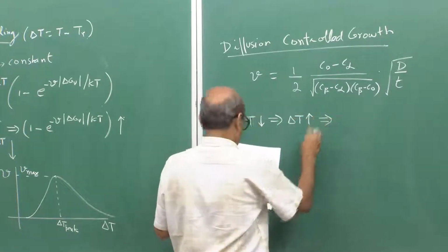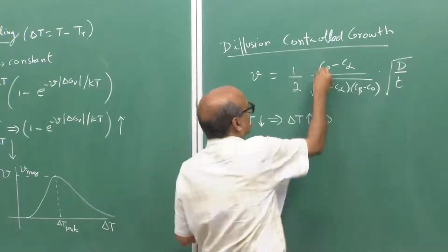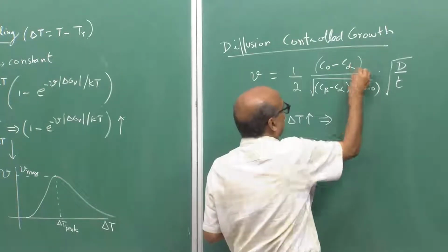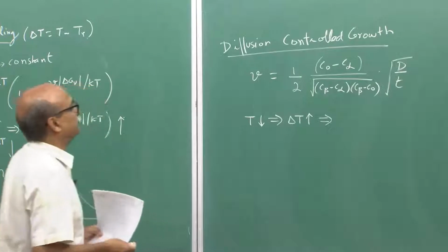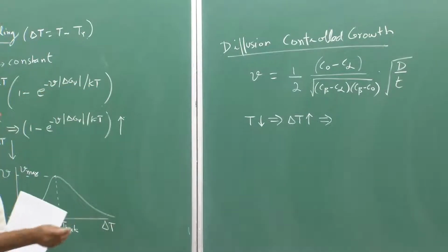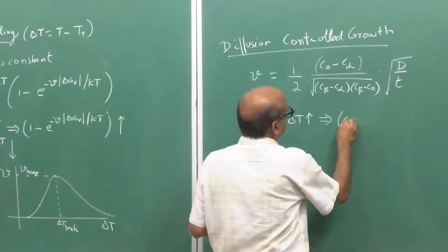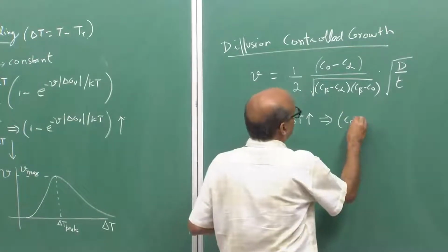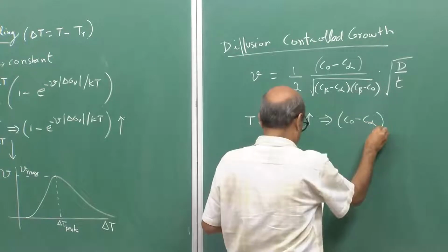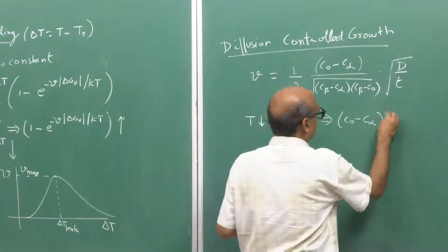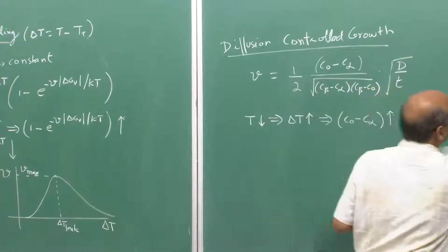This results in, let us say first let us look at supersaturation. If we look at the phase diagram, it would be very clear to you that C naught minus C alpha would increase. Let me quickly show this.